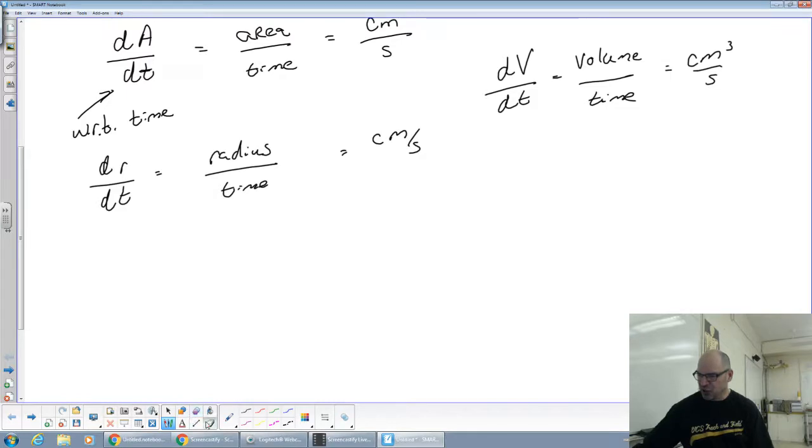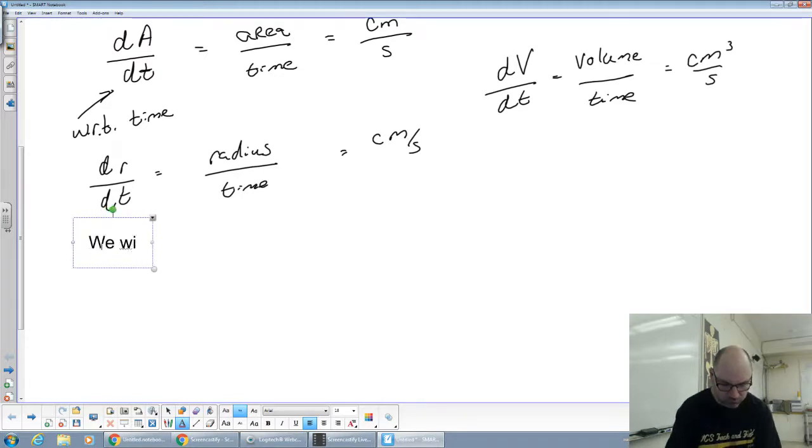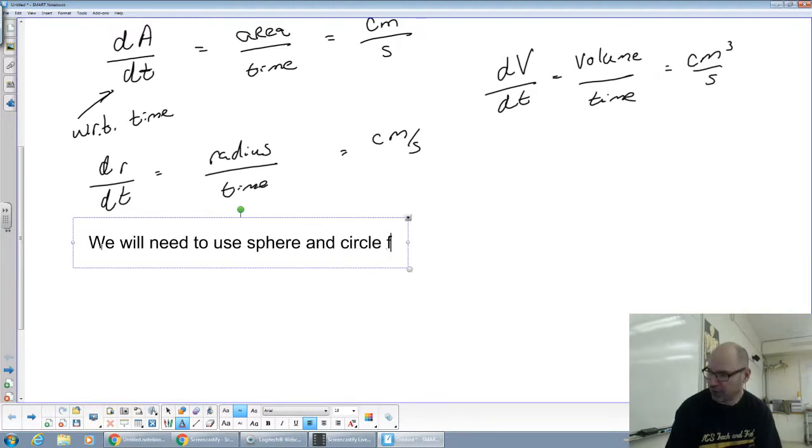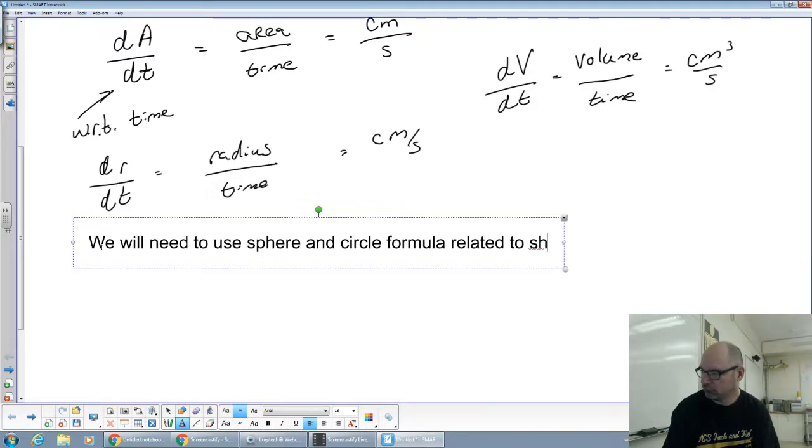So we will need to use sphere and circle formulas in relation to spheres to solve these problems.